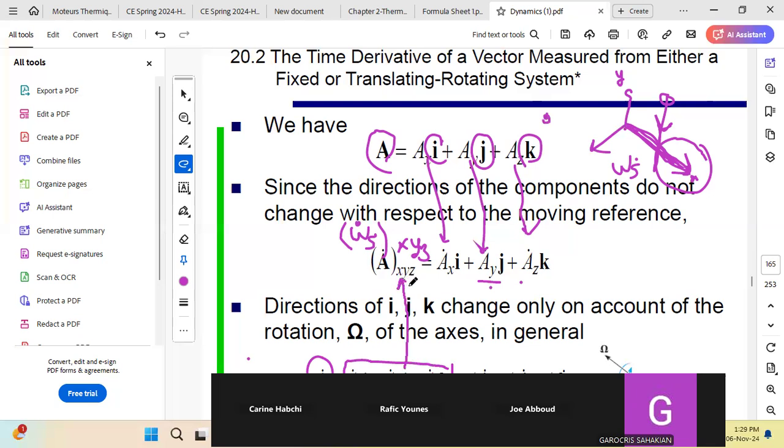In the rotating frame. While these three components, which are a_x di/dt plus a_y dj/dt plus a_z dk/dt, represent the effect of rotation of the frame small x, small y, small z, relative to the absolute frame. Okay, and we can prove that.